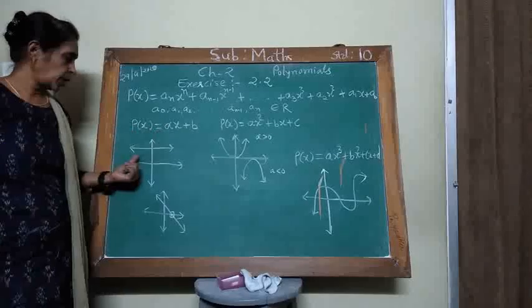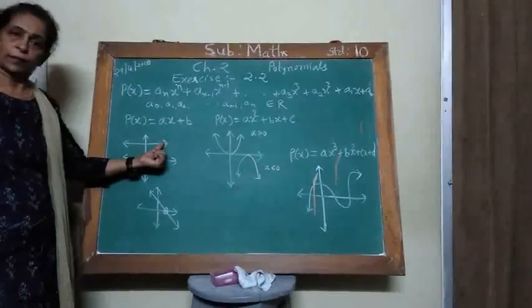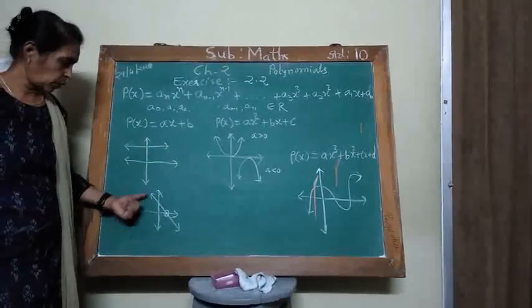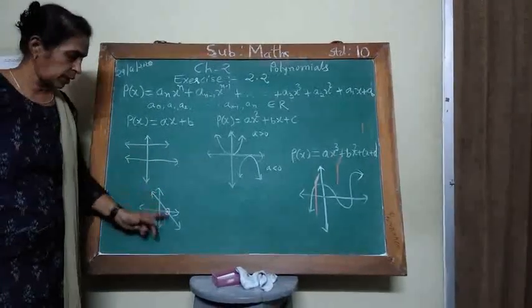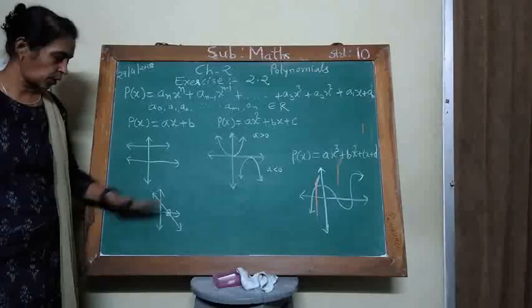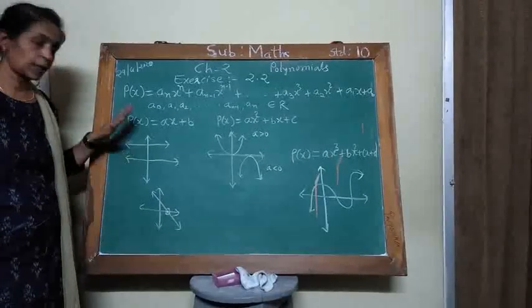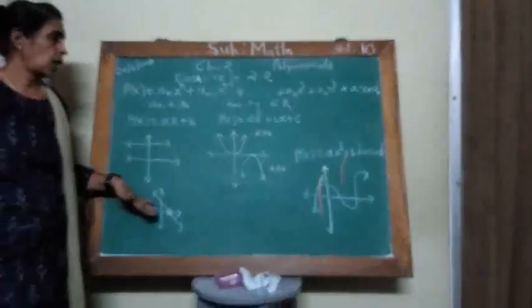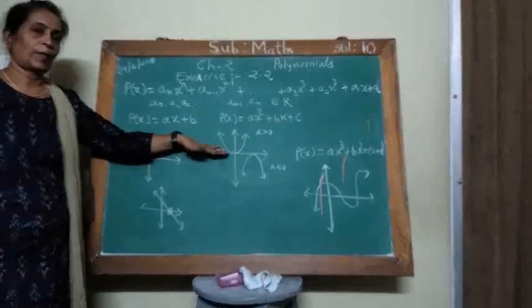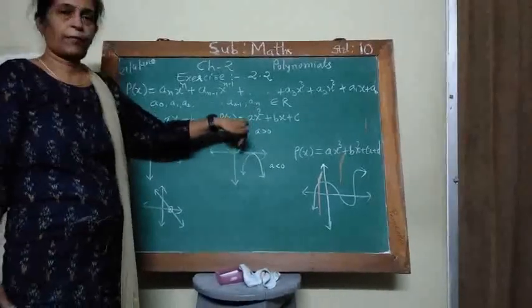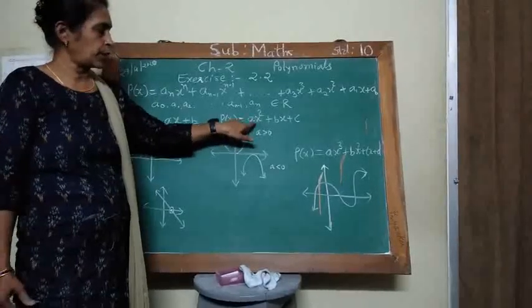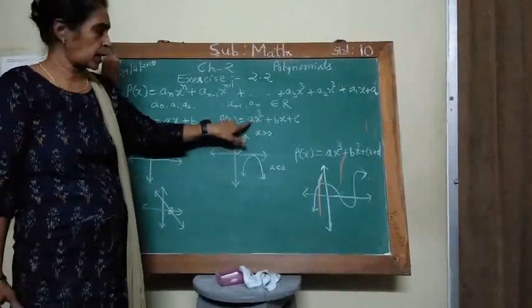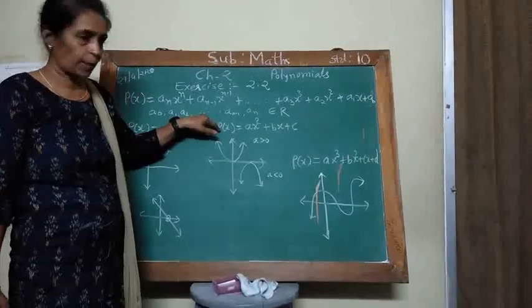If the polynomial is linear, then you get a straight line. The straight line may be parallel to the x-axis or it may intersect the x-axis or y-axis, whatever, but we obtain a straight line. For a quadratic polynomial, we have seen that the graph is of the shape parabola. If the coefficient of x square is greater than 0, then it is an upward parabola.